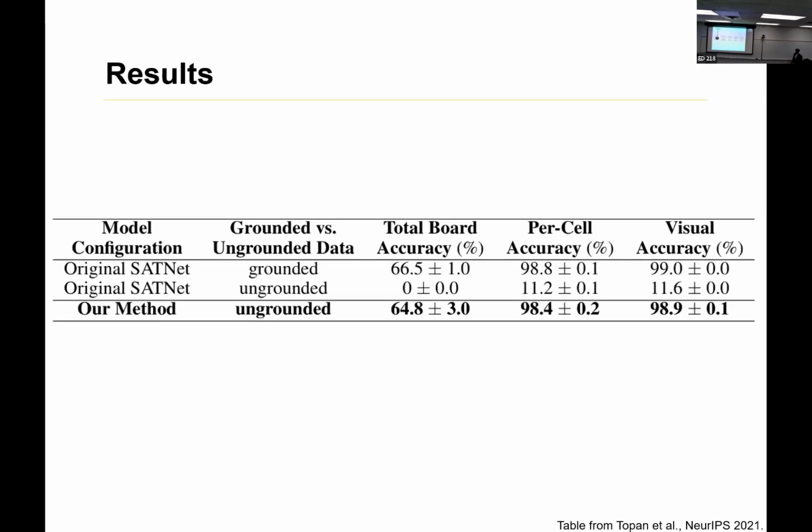So the good news is they pretty much recovered the original results. They got fairly high accuracy, even in the visual case. And here they talk about grounded versus ungrounded, the availability of the data.